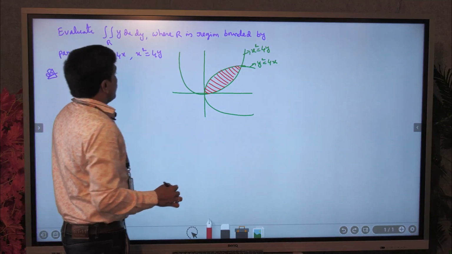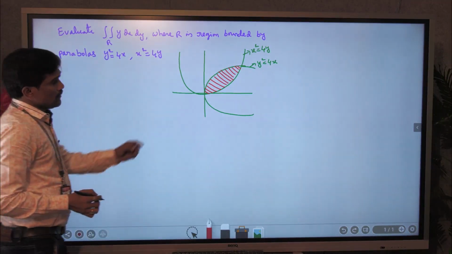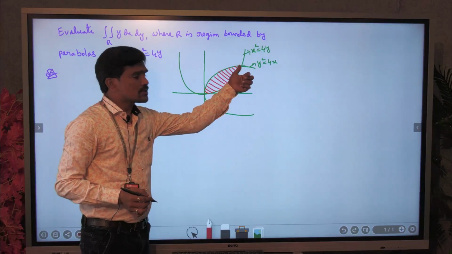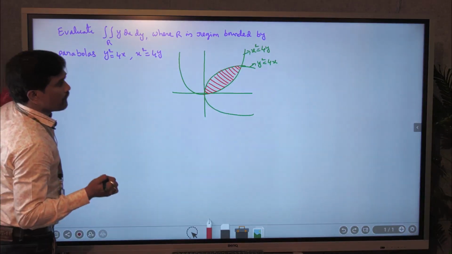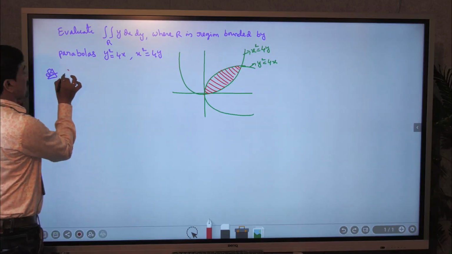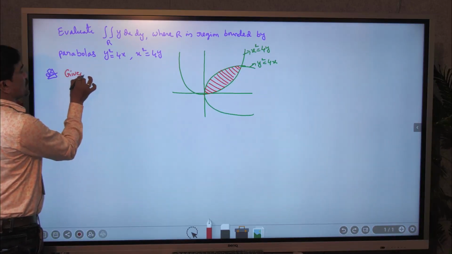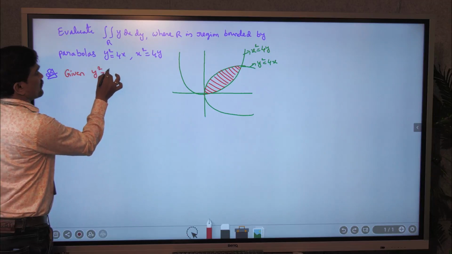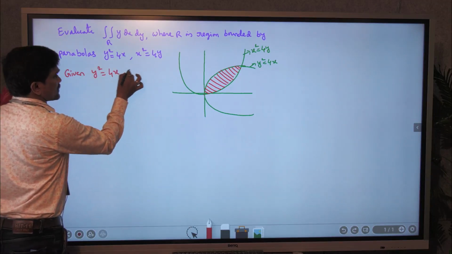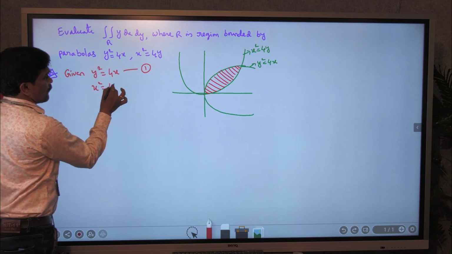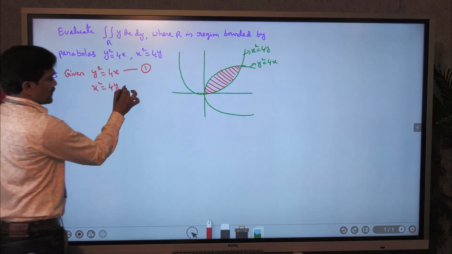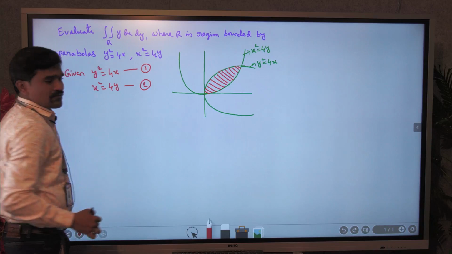Okay, now first of all, what are the points of intersection of these two curves? Now first we can find points of intersection. So first of all, write the given: y square is equal to 4x, and this is equation 1, and x square is equal to 4y, this is equation 2. Now find the points of intersection.